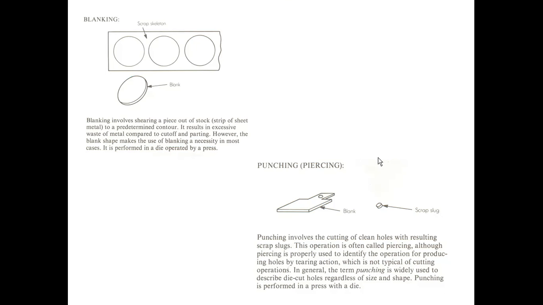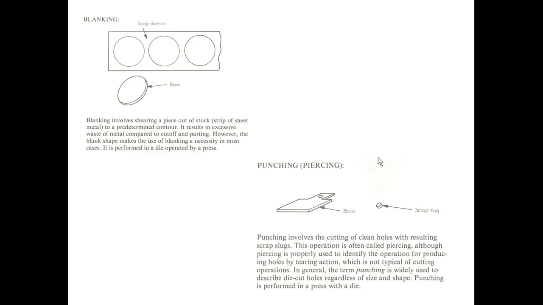Now the press working operations are classified actually in two categories: cutting operations and forming operations. In cutting operations, the most important operation is blanking, then punching, perforating, shaving, trimming. These are the shearing operations or cutting operations.